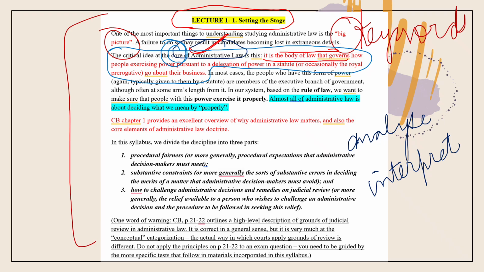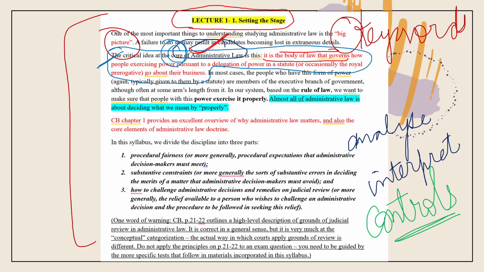So now I am going to make it simpler for you. These 2.5 lines mean that administrative law is the law that controls. You can write down these keywords in your notes, in your syllabus as well, because these will be really helpful when you are trying to interpret the problem question in your exam.